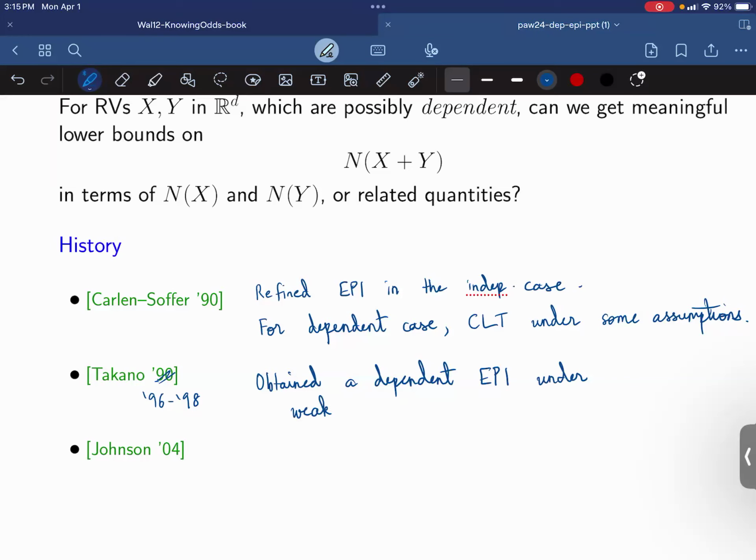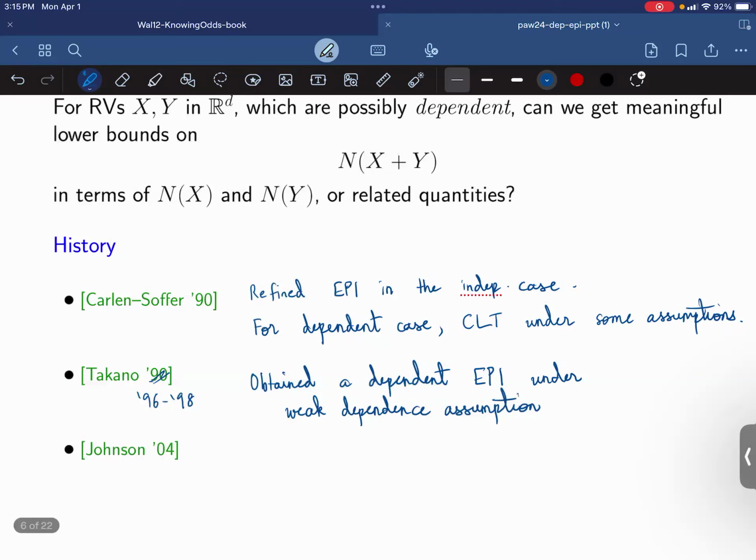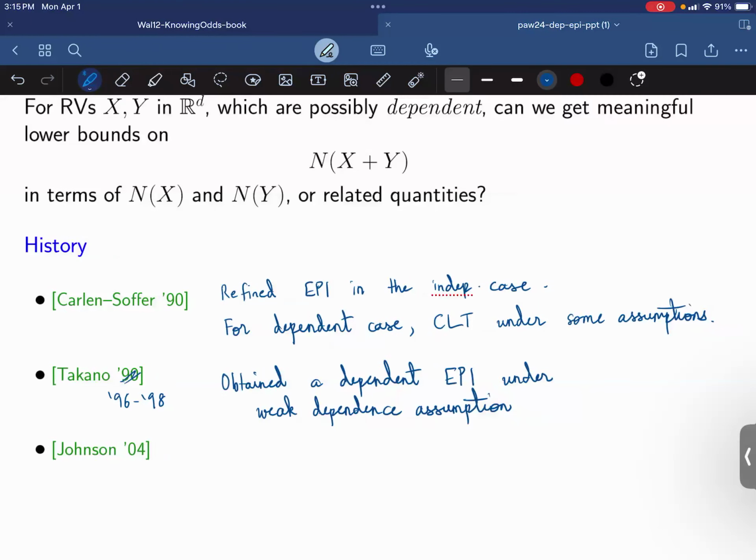And the weak dependence assumption was expressed in terms of something involving the fourth power of, so it's some kind of involving the score functions and Fisher information and so on, which we will talk about later. But basically, it's a weak dependence assumption, which is nice, but not too many applications of that particular condition have been found. So let me just say complicated condition.